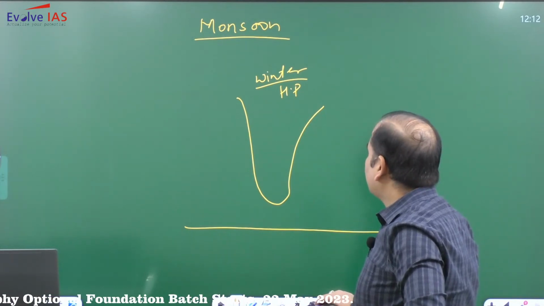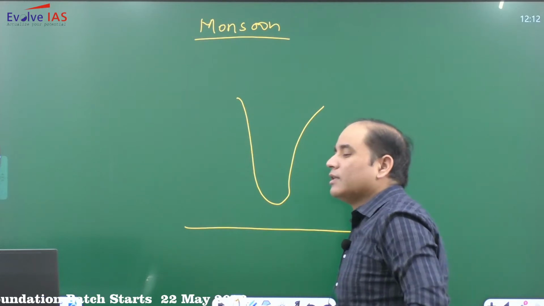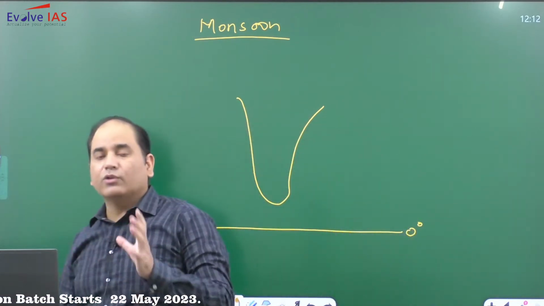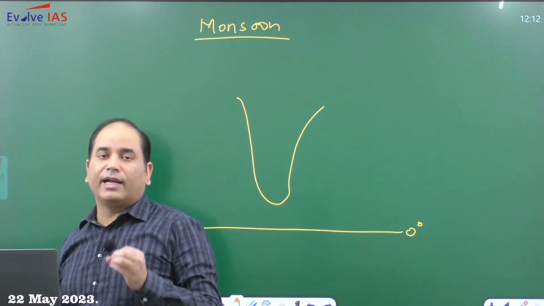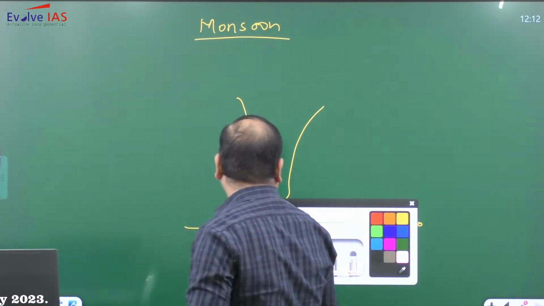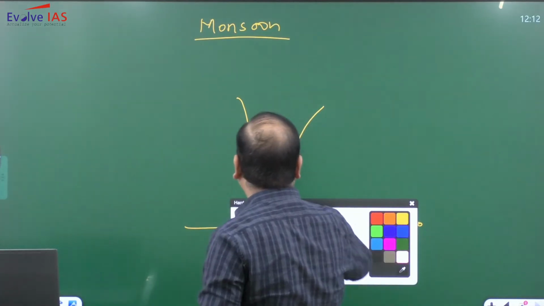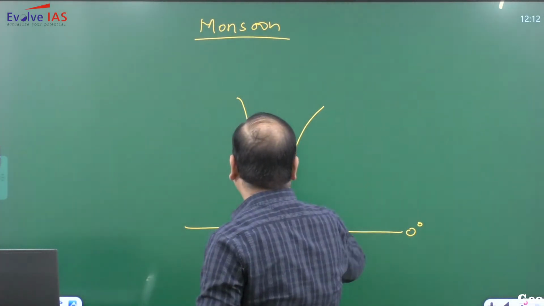As far as the monsoon is concerned, monsoon is mainly associated with summer season, that is southwest monsoon. Now southwest monsoon in India is being brought by the wind, and the wind, because of its nature, gets divided into two branches. In what way?